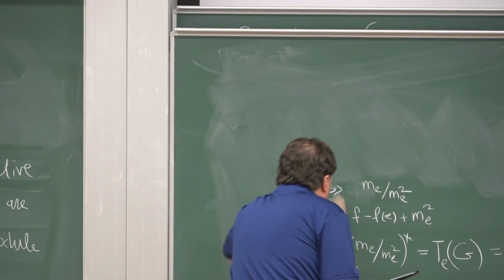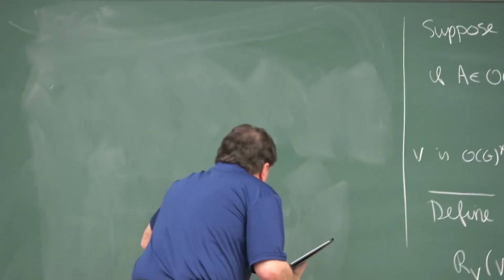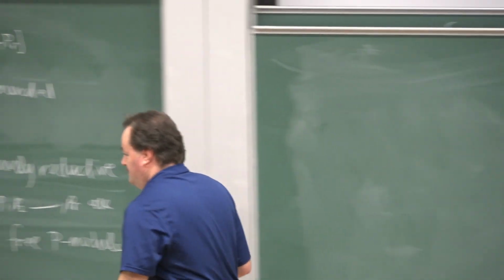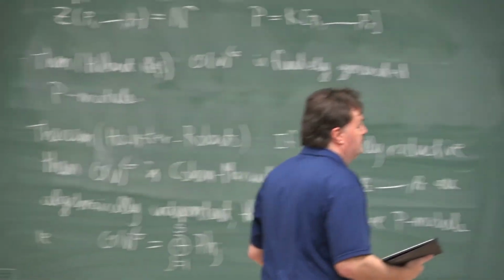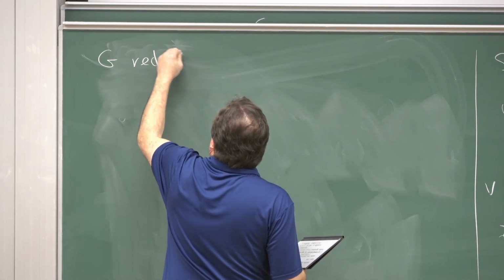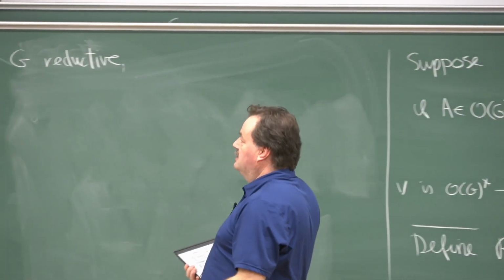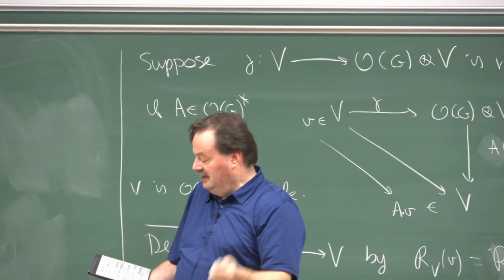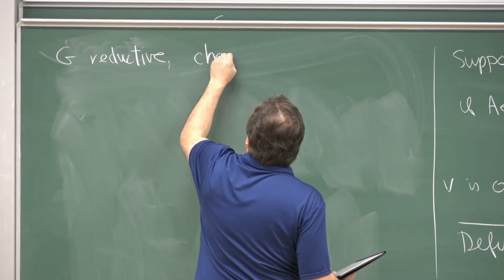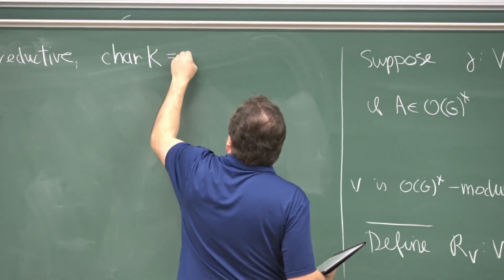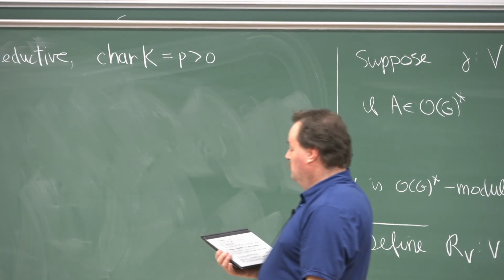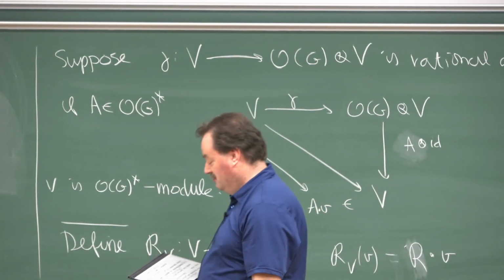Okay. But let's go back to the reductive case again. And we already can understand the linearly reductive case, so let's look particularly at the case where we assume the field is of positive characteristic, because in characteristic 0, linearly reductive and reductive is the same.